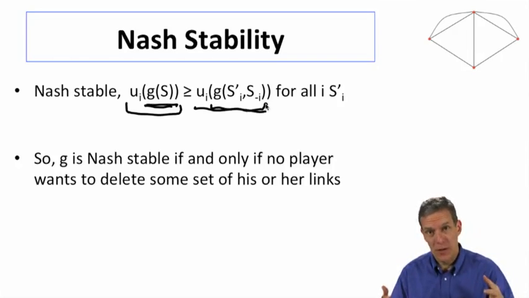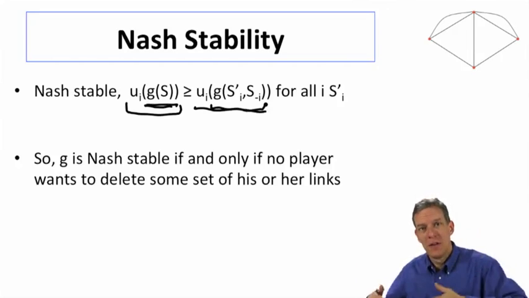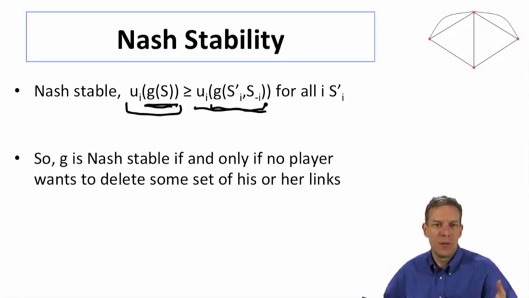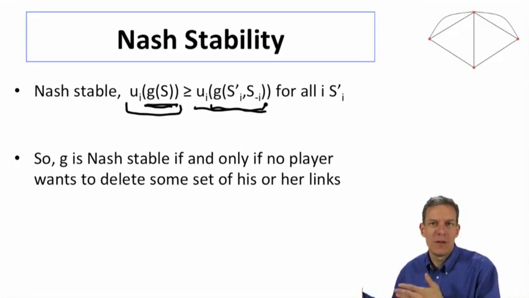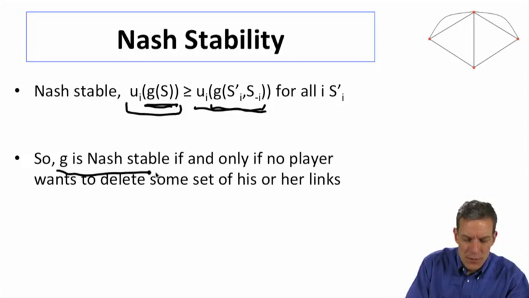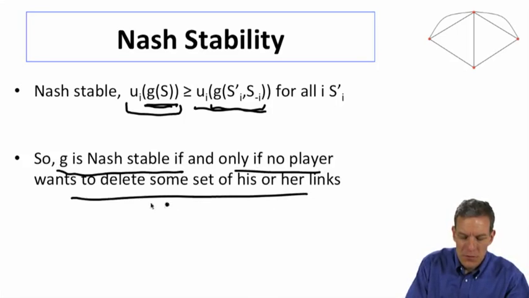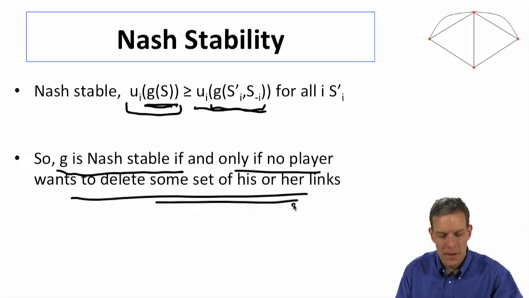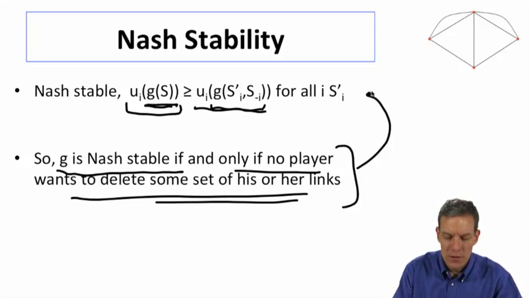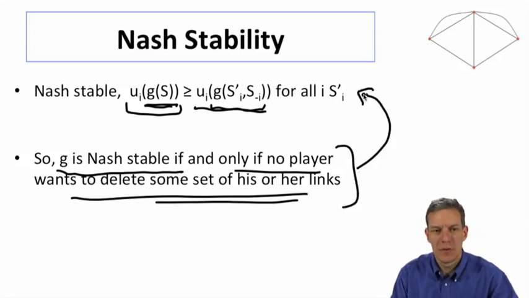They can't add some new announcements that they didn't make and do better, and they can't delete some of the announcements they did make and do better. So we say that a network is Nash stable if and only if no player wants to delete some set of his or her links. That's equivalent to having this be a Nash equilibrium of this game.